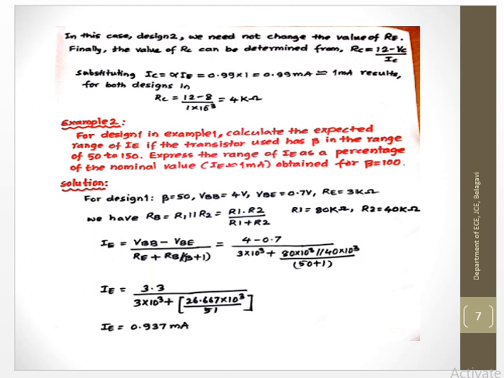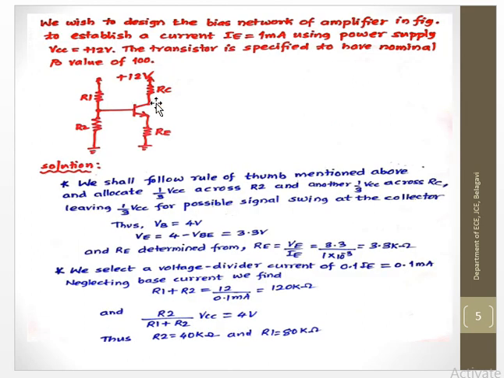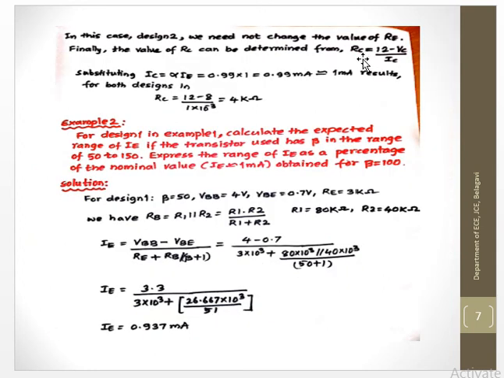This expression comes from the voltage at this point, VC, which can be given as VCC minus IC RC. Rearranging that equation, VCC minus VC divided by IC will give you RC. If you substitute IC as alpha times IE, that is 0.99 times 1 milliampere, approximately 1 milliampere.